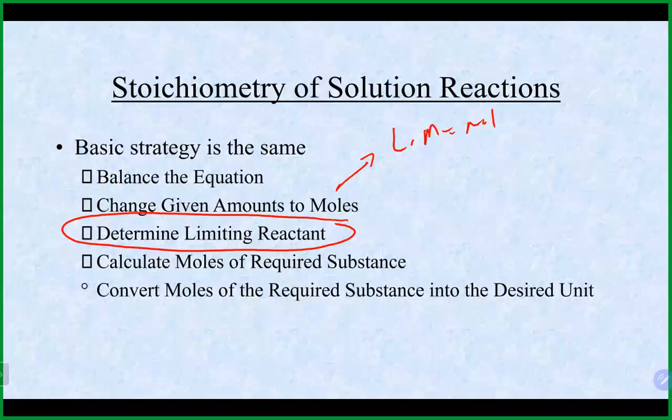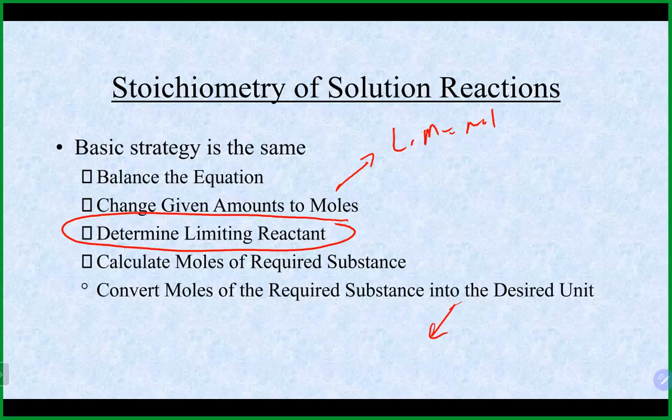And on the back end as well, we also could still do moles to grams if the question asks for that, like we've done before. But on the back end of these calculations, sometimes we will also use the molarity equation. So you might actually be calculating the molarity using the moles from the stoichiometry part. Liters would probably be given to you and you can calculate the molarity.